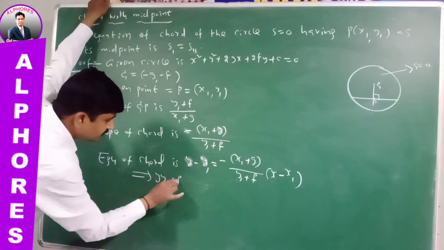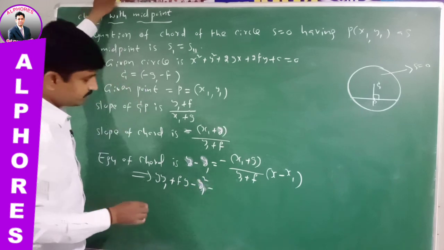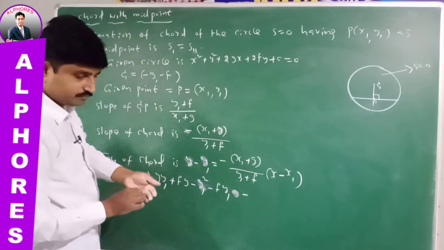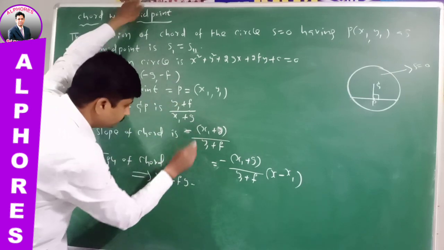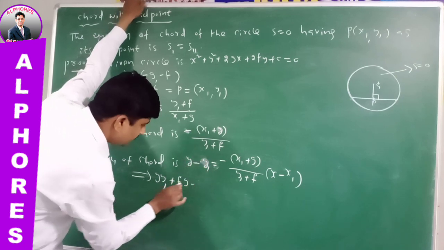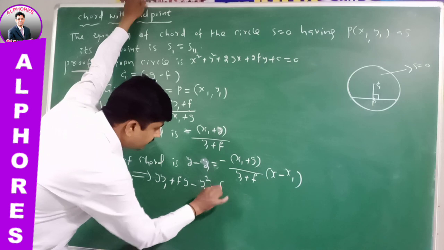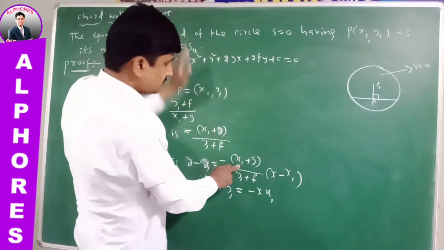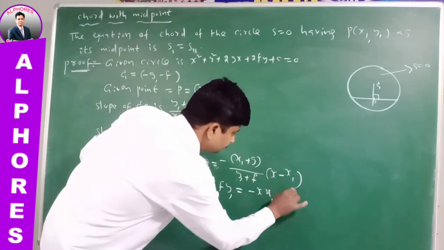Cross multiplying: (y1 plus f) y minus y1 square minus f y1 equal to, on the right side, minus x x1, minus into minus plus x1 square.